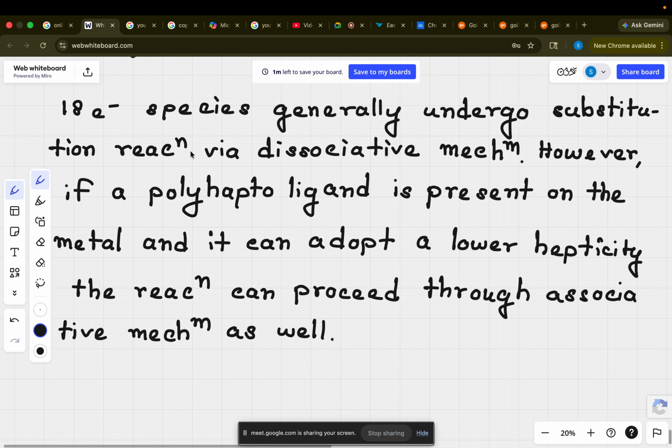So 18 electron species generally undergo substitution reaction via dissociative mechanism, that we already know. But if you have some polyhapto ligand and the metal can adopt a lower hapticity, at that time the reaction can also follow the associative mechanism.